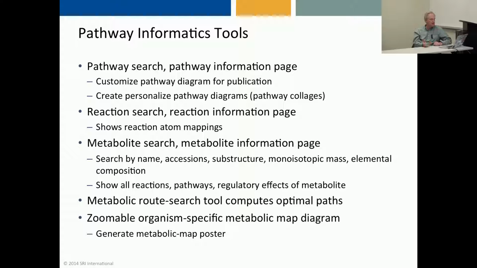There's also what's called a metabolic route search tool that lets the user specify a starting and an ending compound, and the tool will search for the shortest path through the metabolic network that connects those two compounds. And then there's a zoomable organism-specific metabolic map diagram that I'll show you in more detail in just a moment.